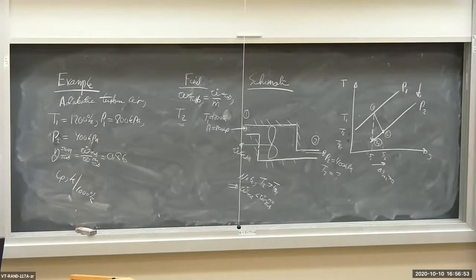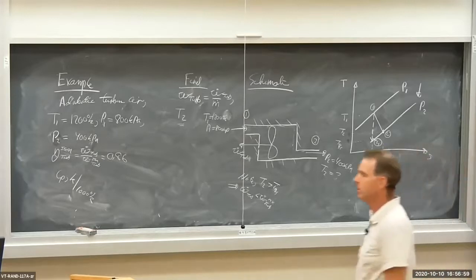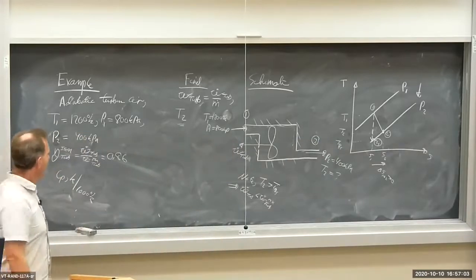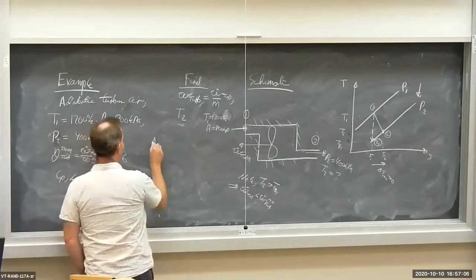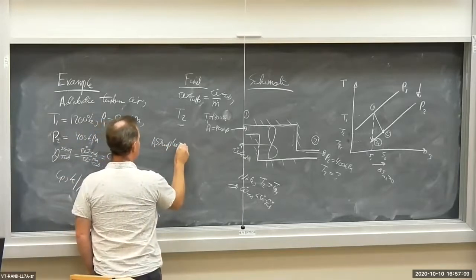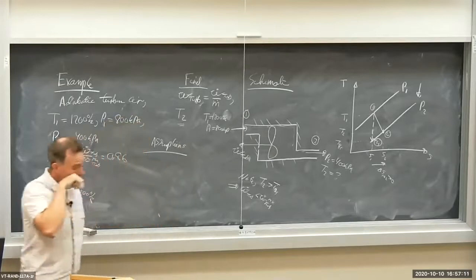So maybe we should do a constant specific heat problem here. We're not going to use any of these s naughts. So let's have an assumption section and then we shall get started, okay?